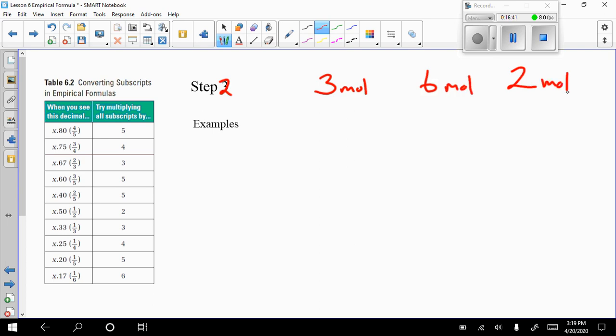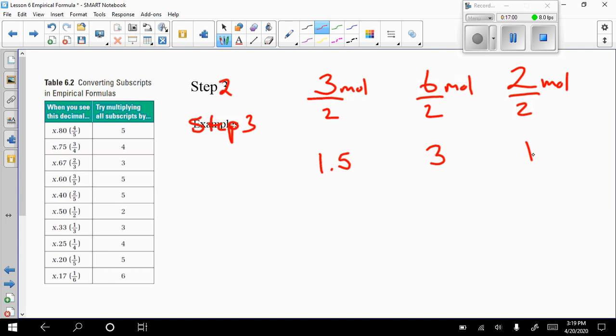Then in step 3, when you divide them by the smallest, you divide this by 2, this by 2, and this by 2. And so here you end up with 1.5, here you end up with 3, and here you end up with 1.